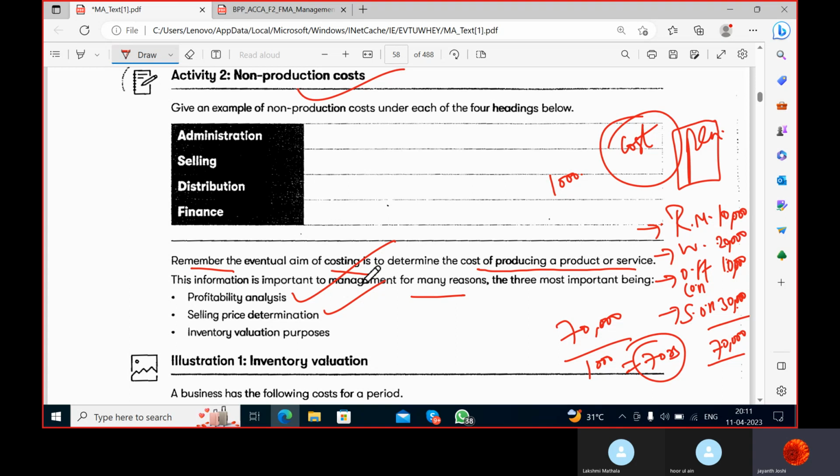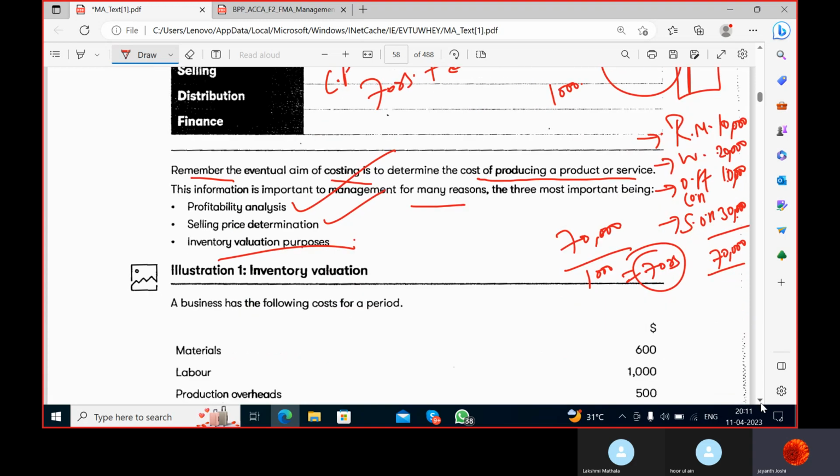Second, how to determine the price of that product. So let's say the 70 rupees we have got here is the cost price. We will add some margin to it, say 10% margin. 10% of 70 rupees is 7. So we'll sell at 77 rupees. That is the selling price. And the third is the inventory valuation process, which we have already studied in the inventory chapter.